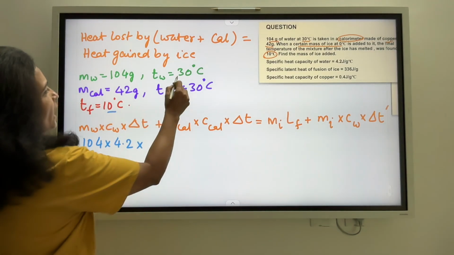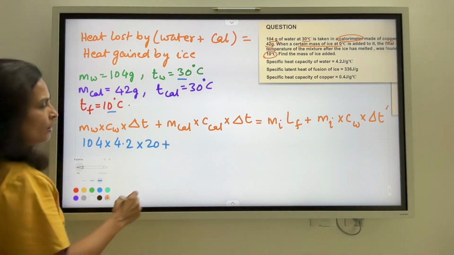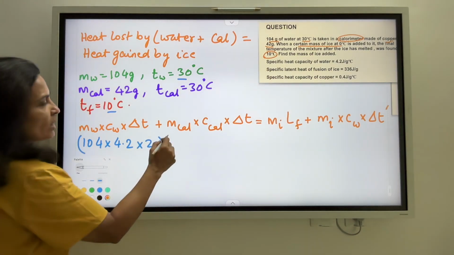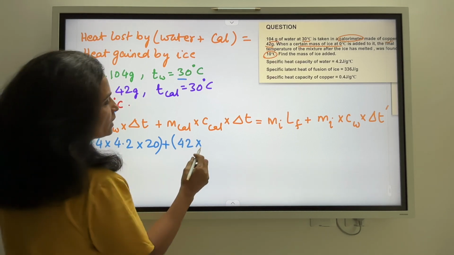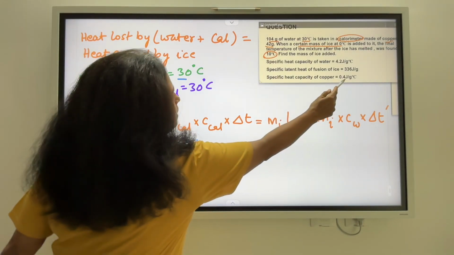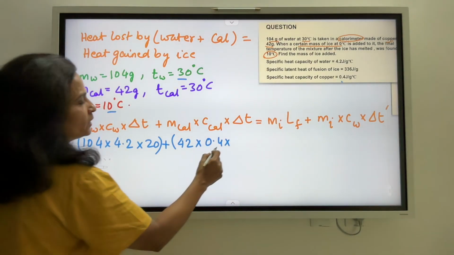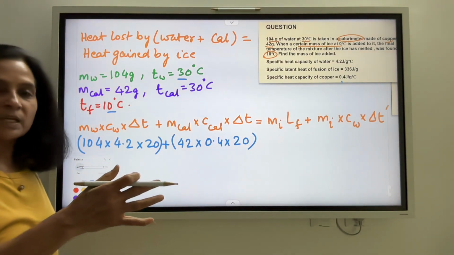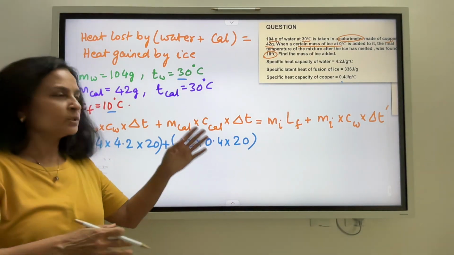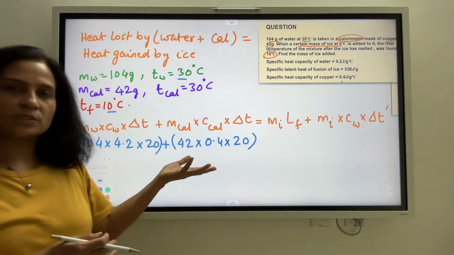Final temperature, and this is the initial temperature. 30 minus 10 is 20 plus. So we have mass of calorimeter given to us as 42 grams. Specific heat capacity of the material of the calorimeter 0.4, and the del T again is 20. Right? Temperature change happens equally between water and calorimeter, so the temperature changes will be the same in both.